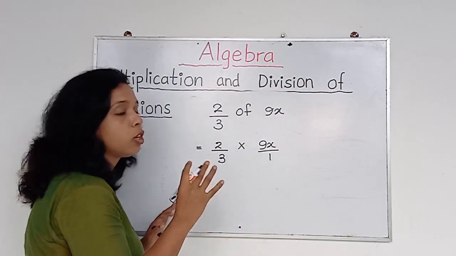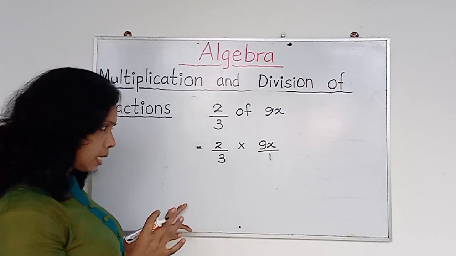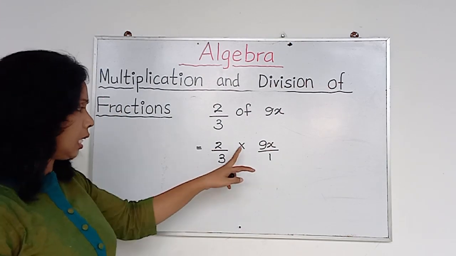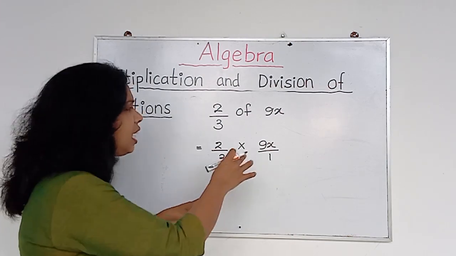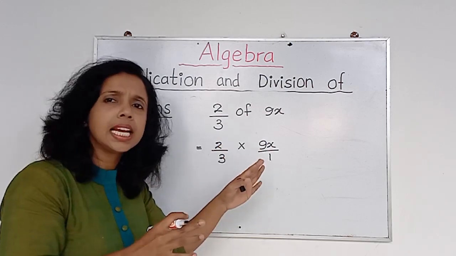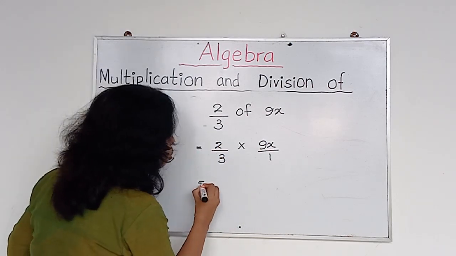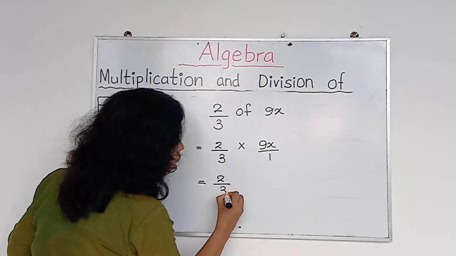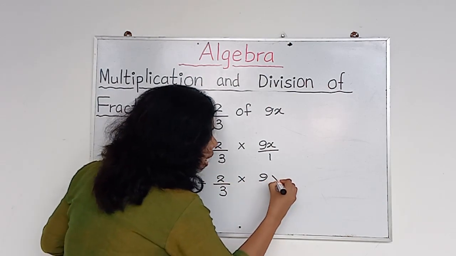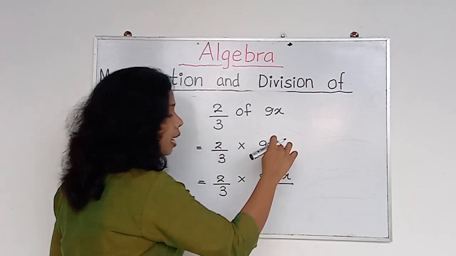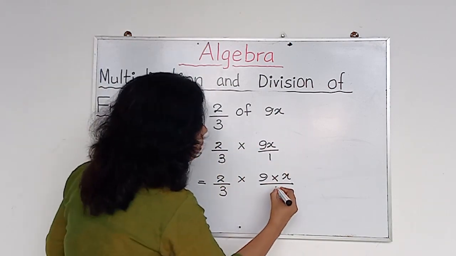Now tell me, can you simplify this? So it seems you can, because 9 is a multiple of 3, but here it is 9x. Actually, can I simplify? Yes, you can simplify. So if there is any doubt, what you can do, children, 9 times x. Instead of 9x, I write 9 times x, then 1.